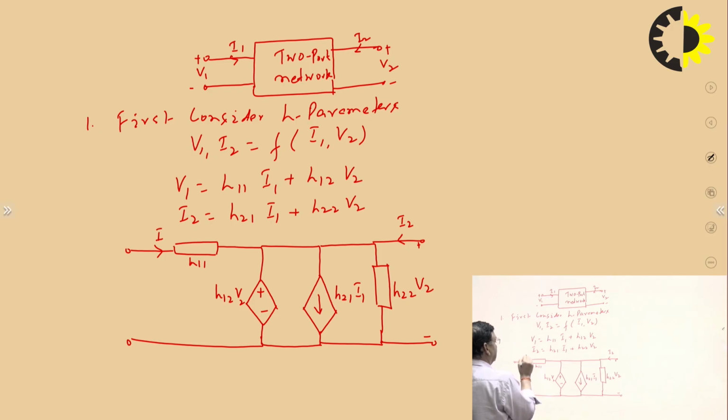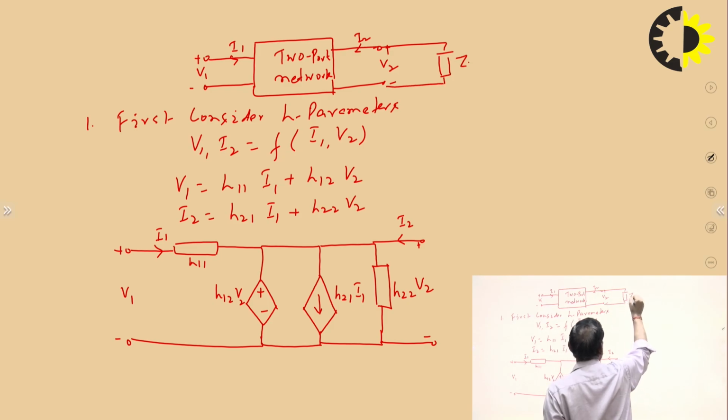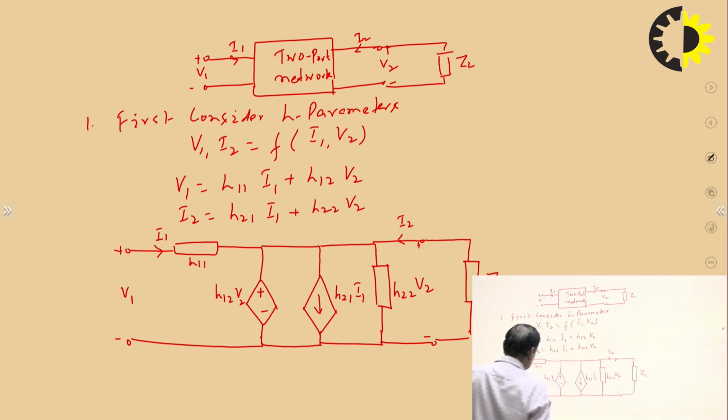This is I1. And this network is terminated by some load, this is the load ZL. Now this circuit is called a terminated two-port network.